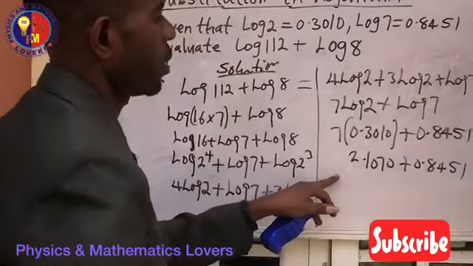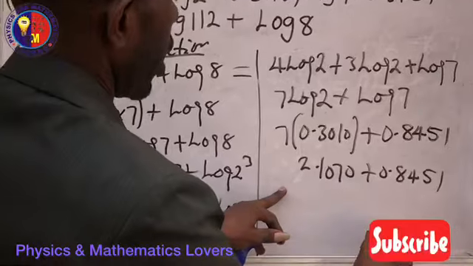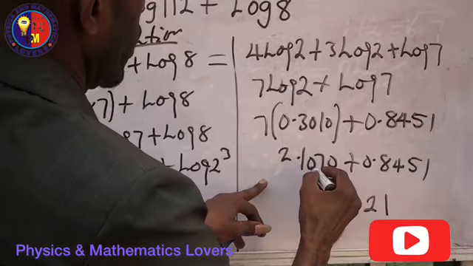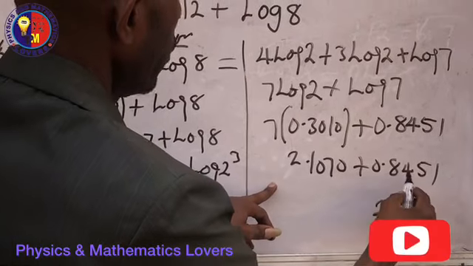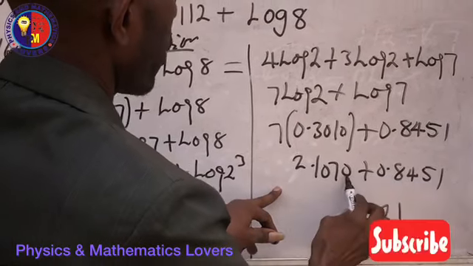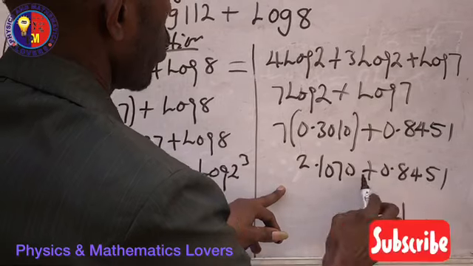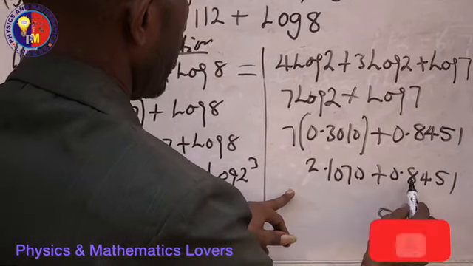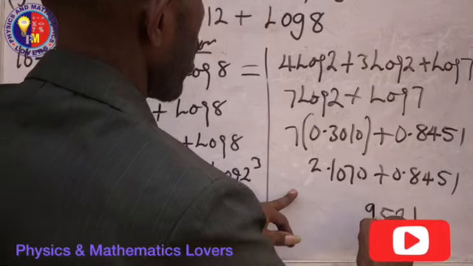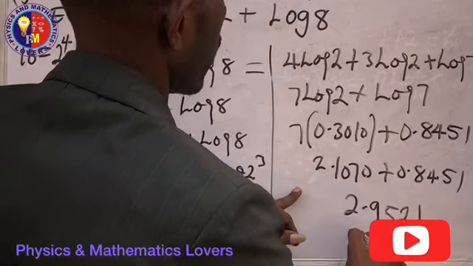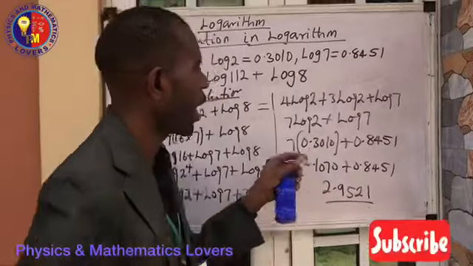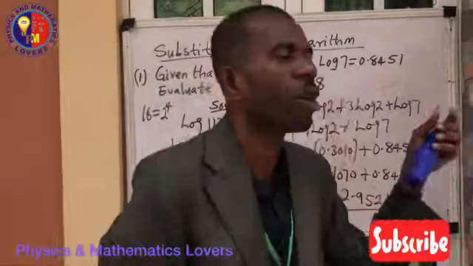So let us add. 1 plus this one gives us 1. This 2, carry 1, plus this 1 plus this, that is 5. Then 8 plus 1 gives you 9. So we have 2.952. This is your final answer to this question on the board.